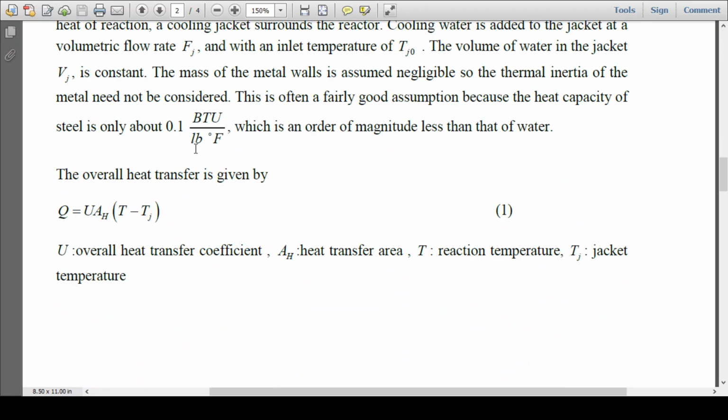If you see the overall heat transfer, Q equals U A (T minus Tj). U is the overall heat transfer coefficient, A is the heat transfer area, T is the reaction temperature, Tj is the jacket temperature.